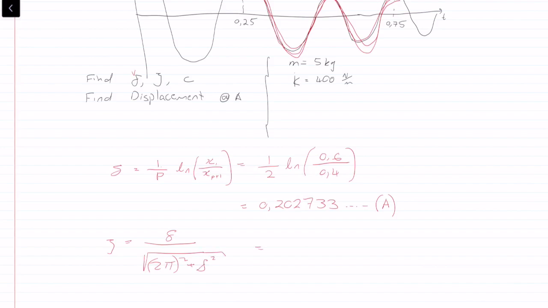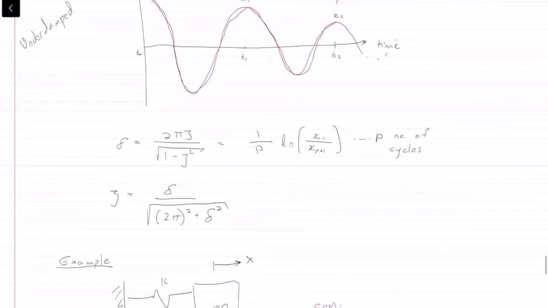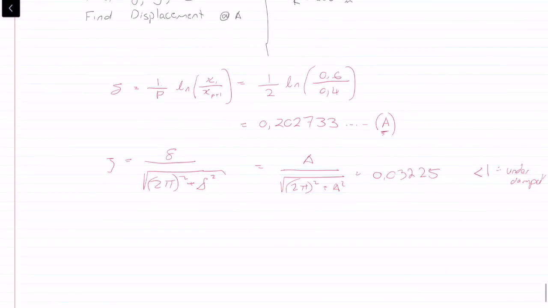So I stored this as A, so I'm going to say this is A over the square root of 4 pi squared plus A squared, and that's going to give me the following answer, 0.03225. Okay, and that is unitless, and this is less than 1, therefore the system is underdamped. Like I said before, this works for underdamped systems. So that works out quite nicely.